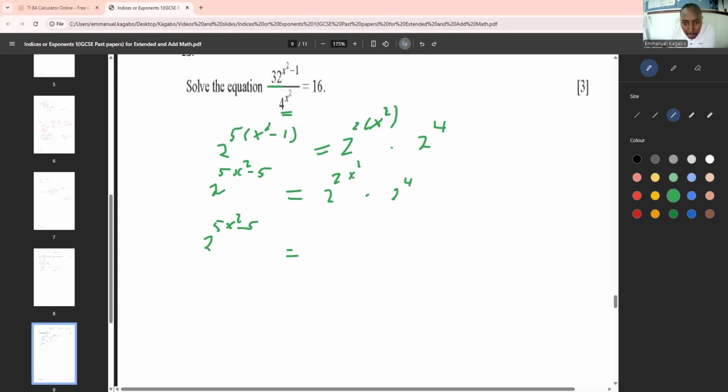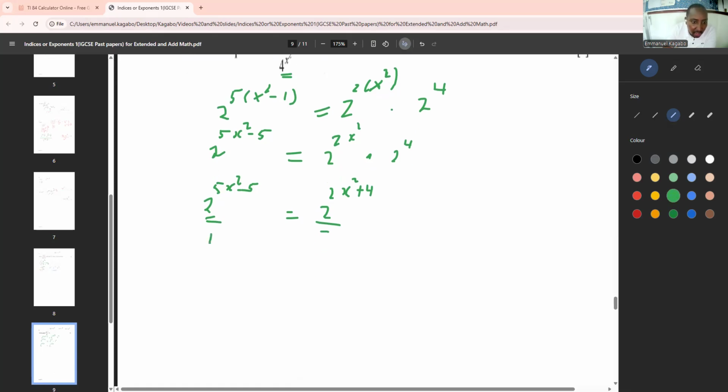by the way, here we are multiplying and the bases are the same, so I can add the powers, okay? Remember that. So it is 2x squared plus 4. Okay? Good. What do I have here now? If bases are equal, powers are going to be equal.